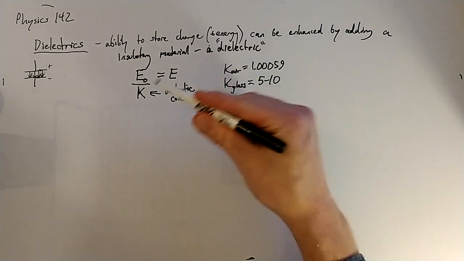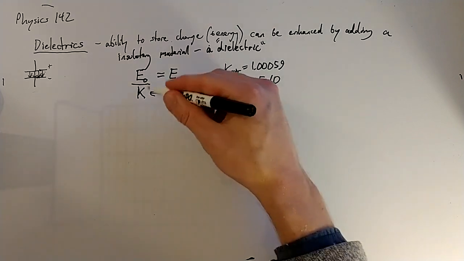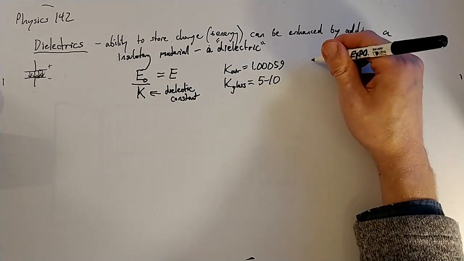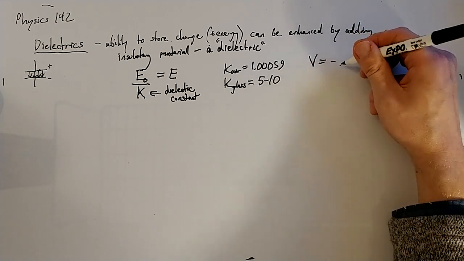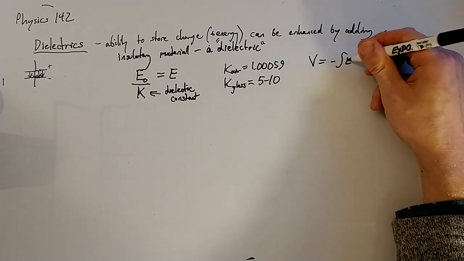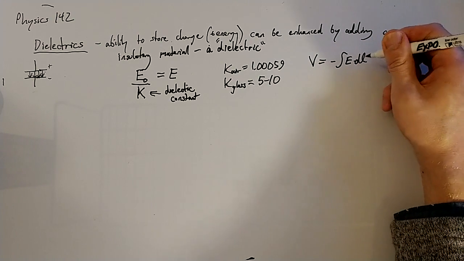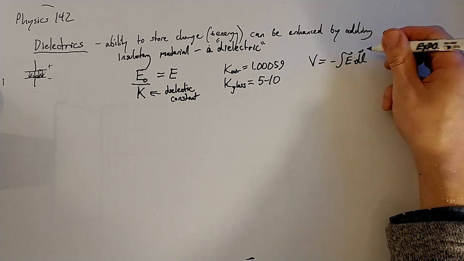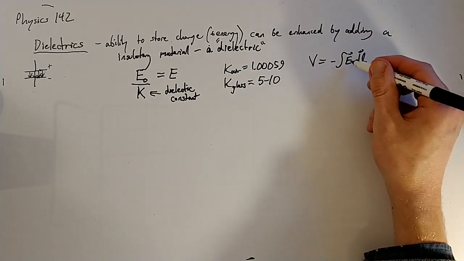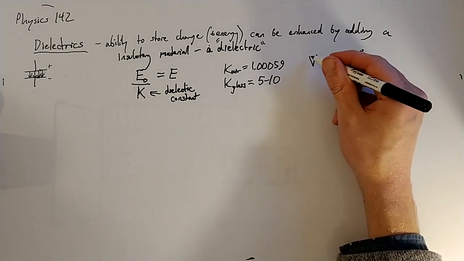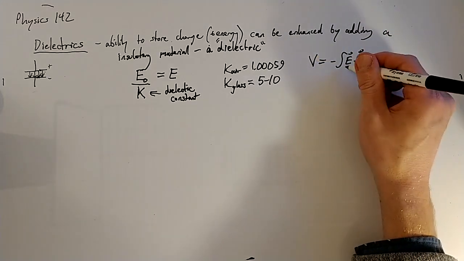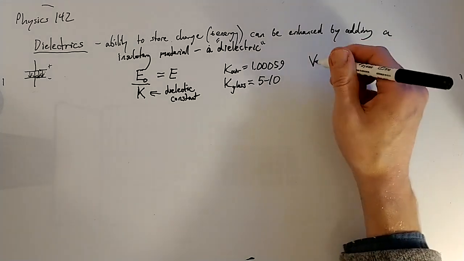Now, how this helps with the capacitance: if the electric field goes down, remember that electric potential is walking some path through an electric field. If you make the electric field go down for walking the same path, that makes the electric potential go down, and if it goes down by some constant, that comes out of the integral.